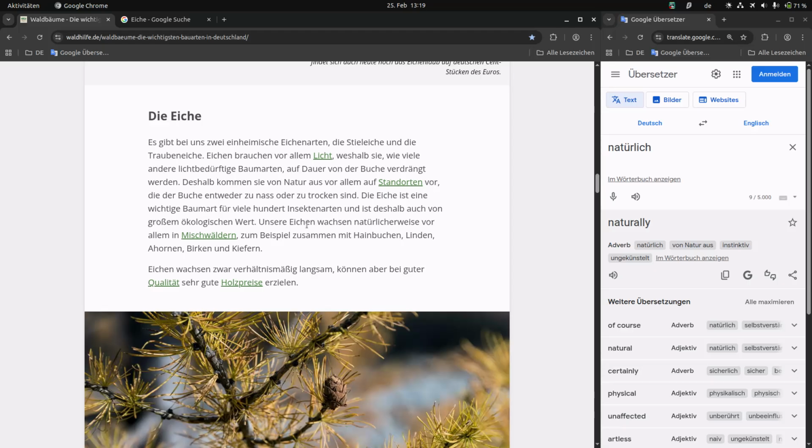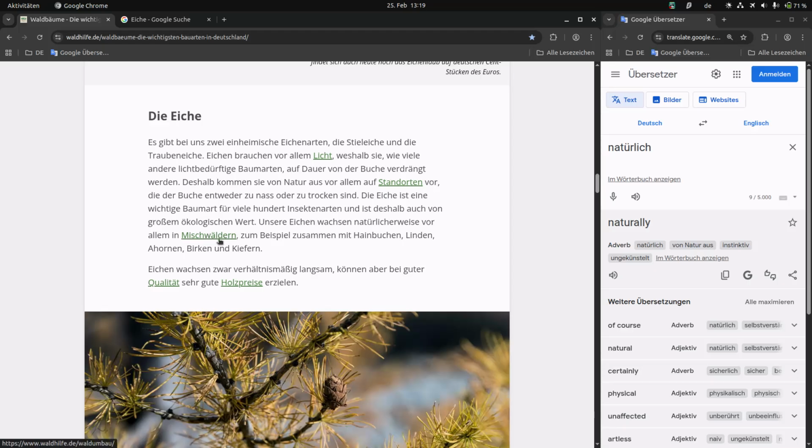So our oaks grow, vor allem, above all, in, maybe rather as it's foreseen by nature, as it's created by nature.